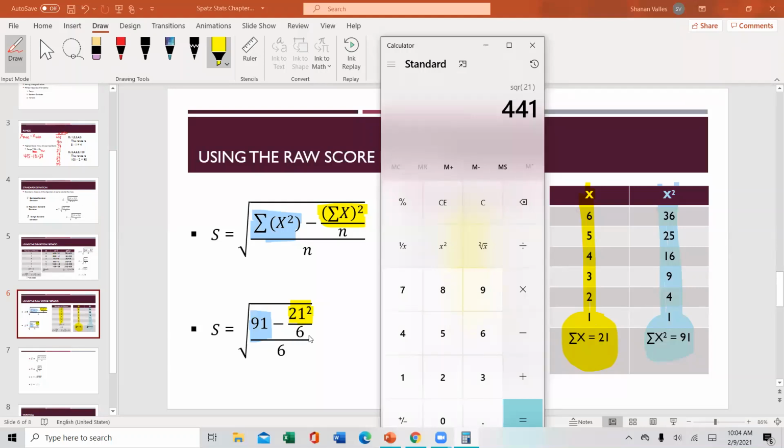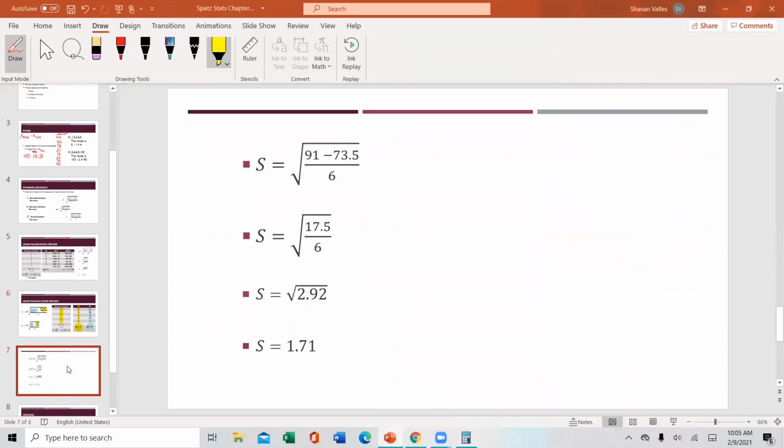Please excuse my dear Aunt Sally, right? Or my kids tell me PEMDAS. Well, PEMDAS and please excuse my dear Aunt Sally is all of this first, right? Parentheses, exponents. So 21 squared comes to 441. We're now going to divide it by 6, and we get 73.5, which is right here.